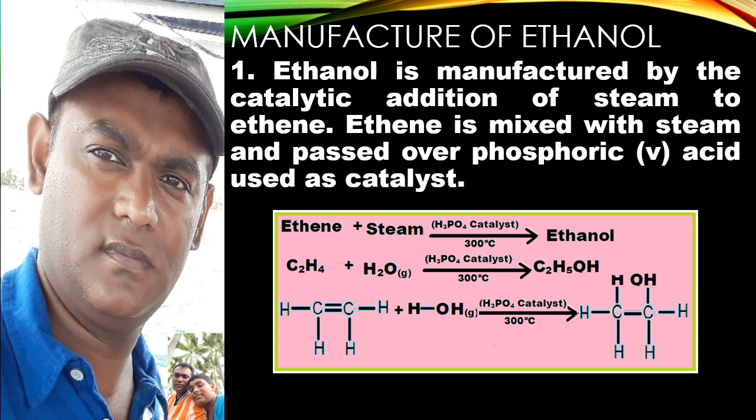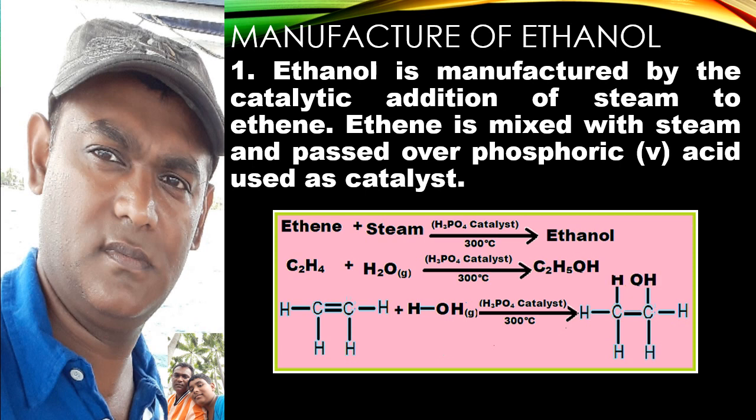And you can see that the double bond in between the carbon atoms in ethene is reduced to a single bond in between the carbon atoms to form ethanol.